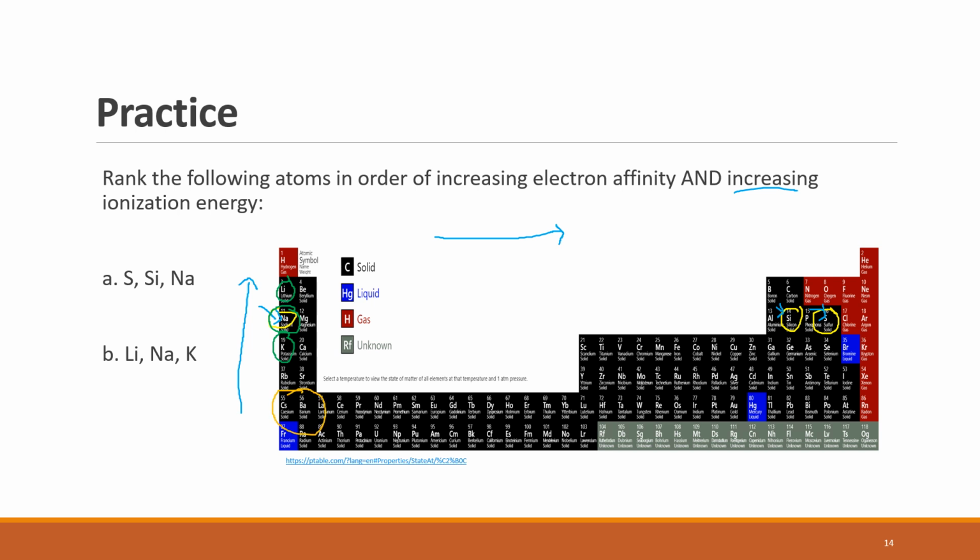And those large atoms are really easy to pluck an electron off of because those electrons aren't held very tightly. So it's going to be much harder to pluck off electrons as you move up the group when those atoms get smaller. Okay, so the one that's going to have the lowest ionization energy then is going to be potassium because that's the largest of those three atoms. And then it'll be sodium, and then it'll be lithium.